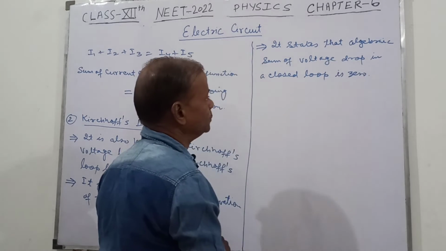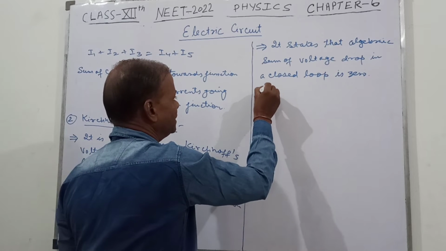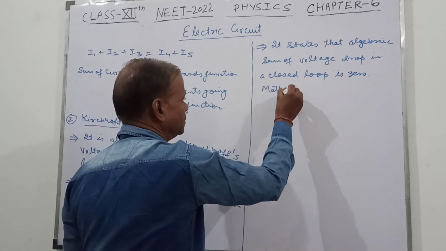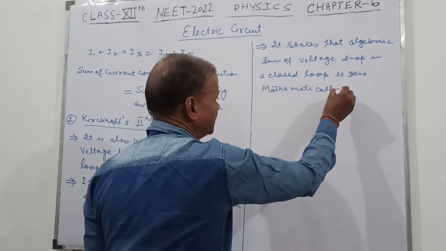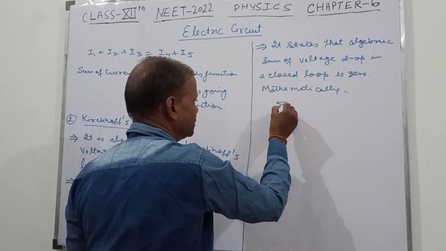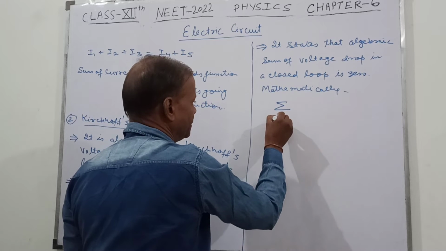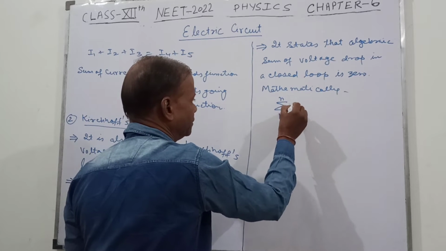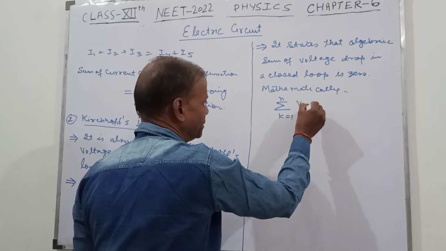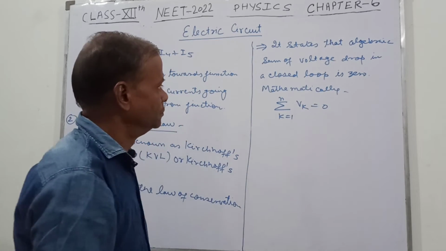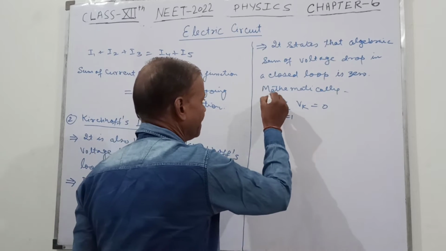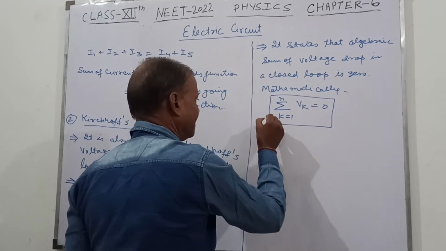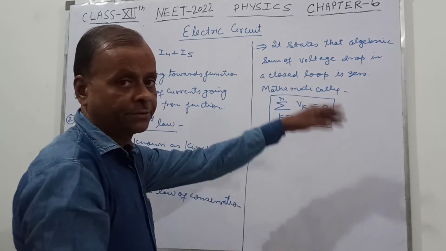Mathematically, we have the summation for k equal to 1 to n of Vk equal to 0. This is one statement.